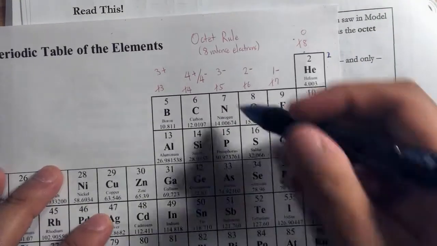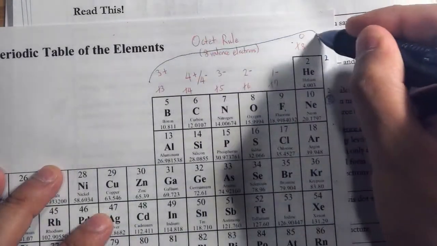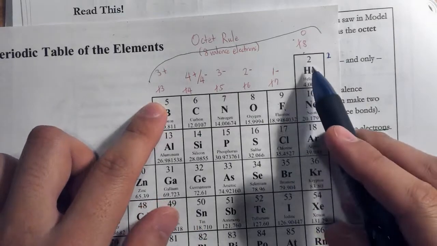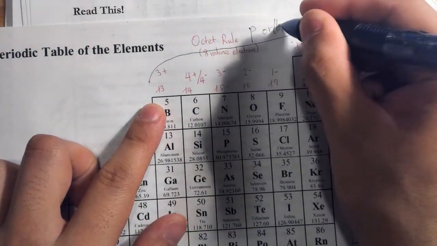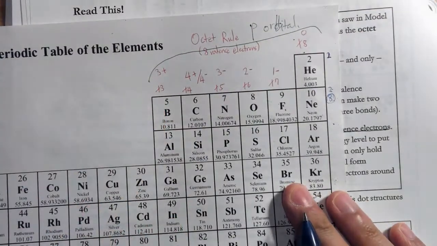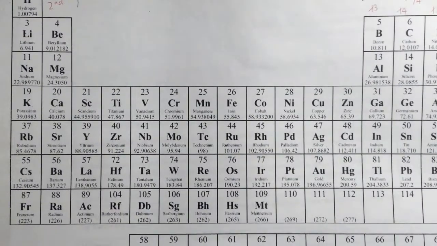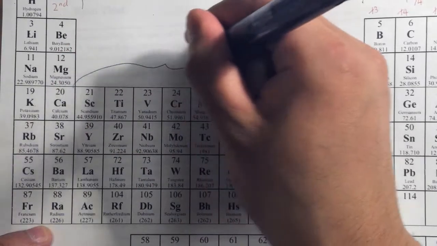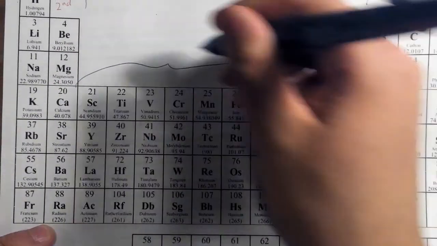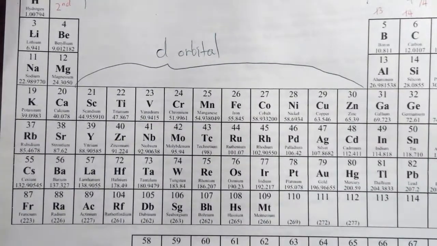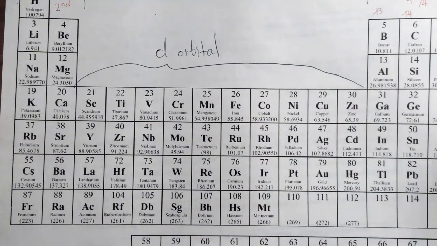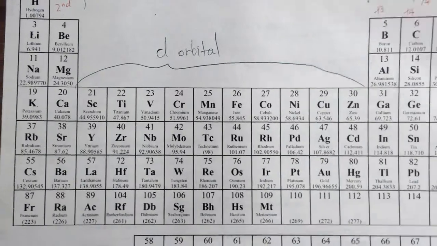All the way here, these gases, or from group 13 to group 18, are called the p orbital. Sorry about the spelling. And then the transition metals are called the d orbital. Alright? Like I said, I'm not sure if you guys learned this before, but this is how it is in the periodic table to remember it.